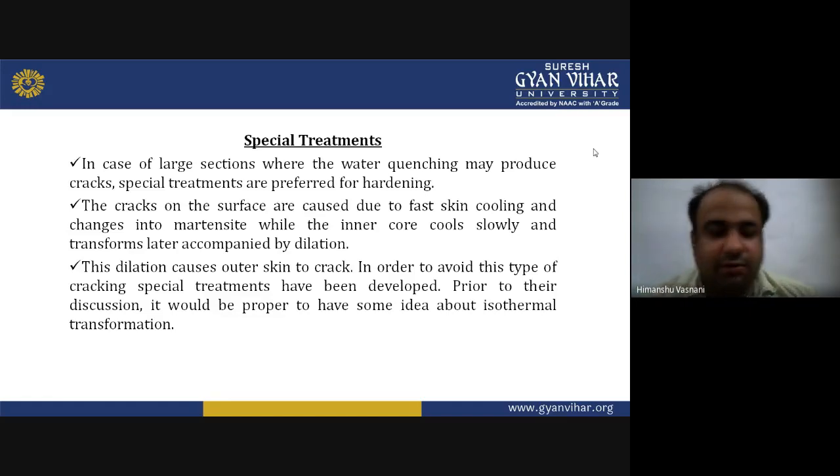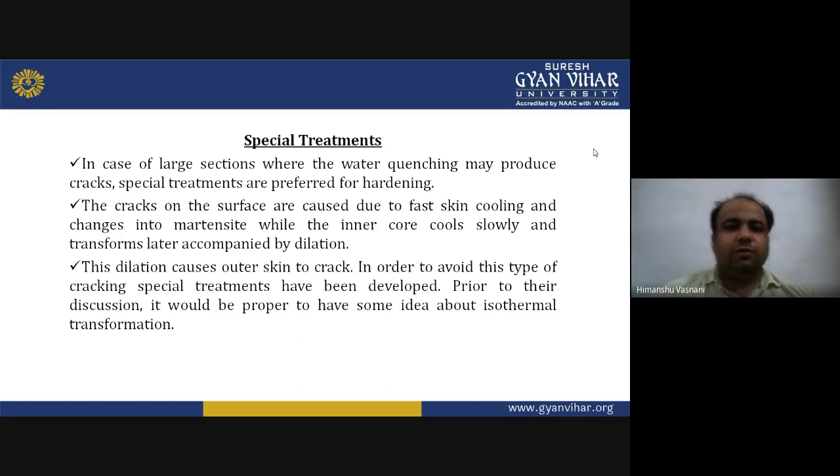This dilation causes the outer skin to crack. In order to avoid this type of cracking, special treatments have been developed. Since the outer skin cools fast, cracks can be developed. So we can avoid this type of cracking by using some special treatments.